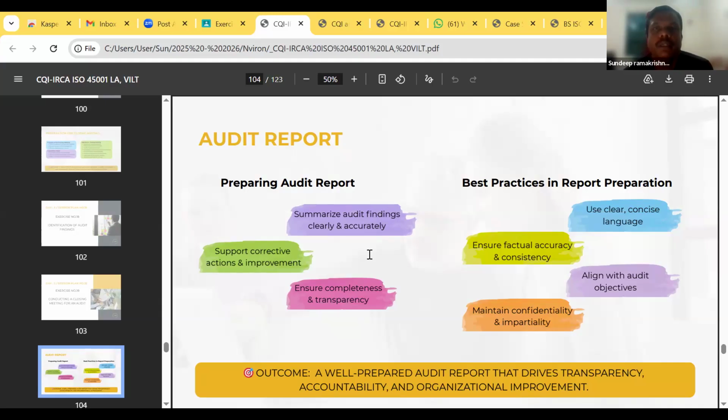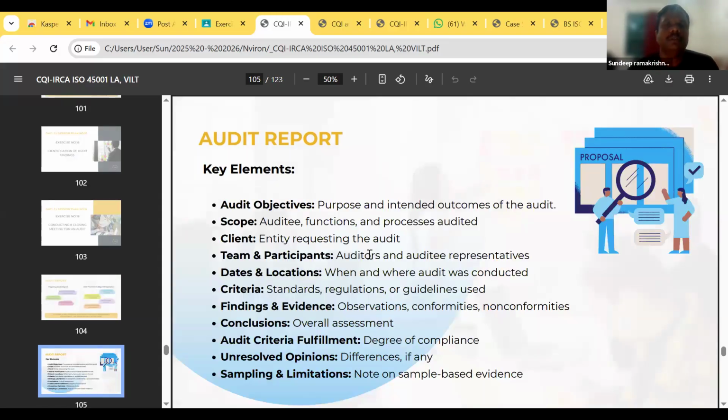The best practices in report preparation: use clear and concise language, and whatever data you record in the audit report should be factual, accurate, and consistent, should align with your audit objectives, and ensure confidentiality and impartiality. This is what is required in an audit report.